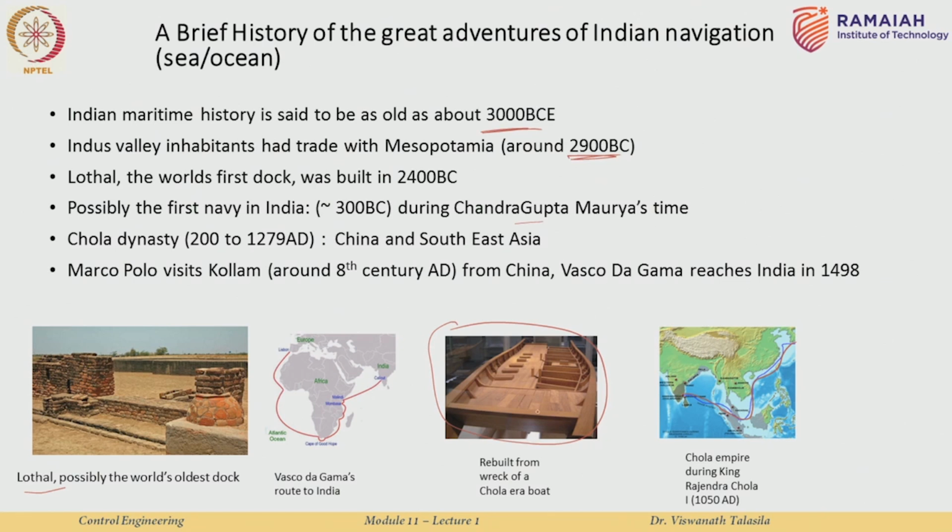They actually got the wreckage of a Chola era boat and they reconstructed based on the drawings that are available from the Chola Empire how the boats would have looked back in those days, and by those days I mean around say around 1000 AD. So, this is actually a boat which was from that era, this was beautiful.